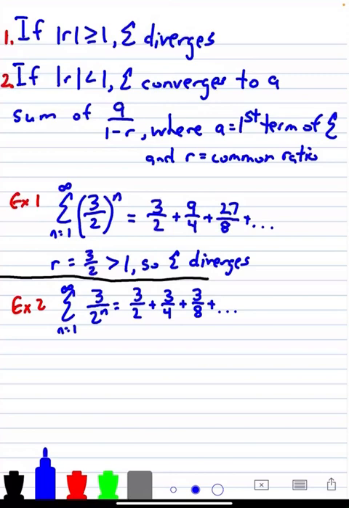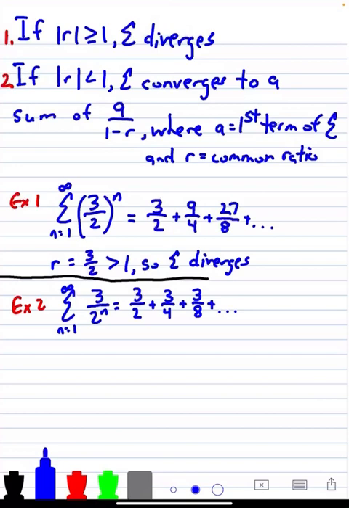Now, let's look at this. In the numerator, we're going from 3 to 3 to 3 to 3. That would never change, so we basically multiply by 1. In the denominator, we're going from 2 to 4 to 8, and if you put another number, that would be 16 and then 32.